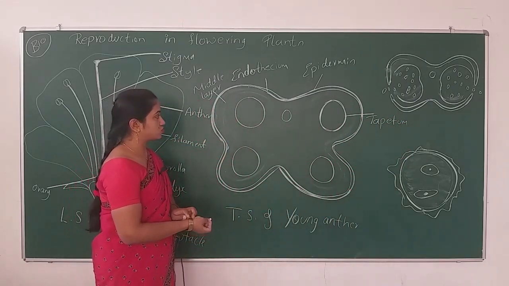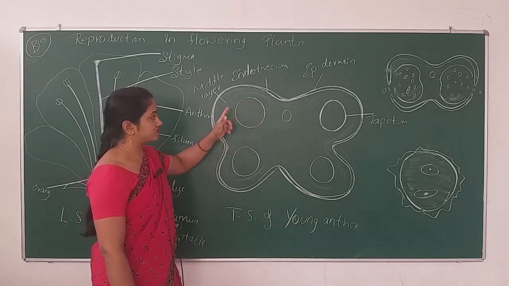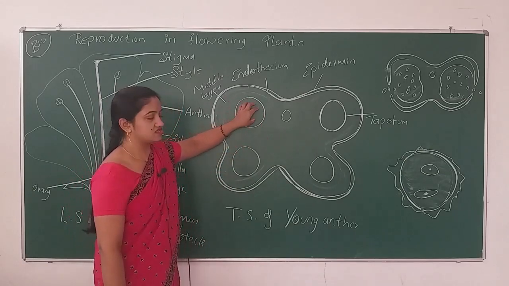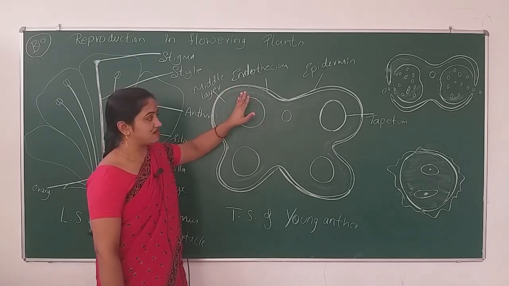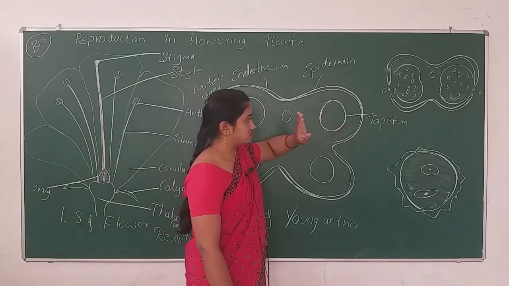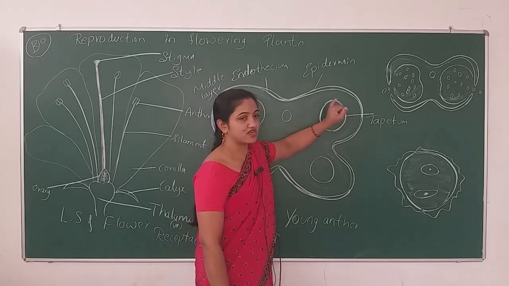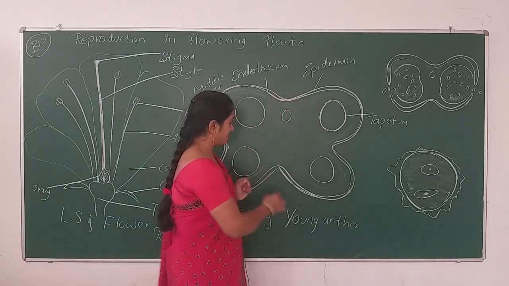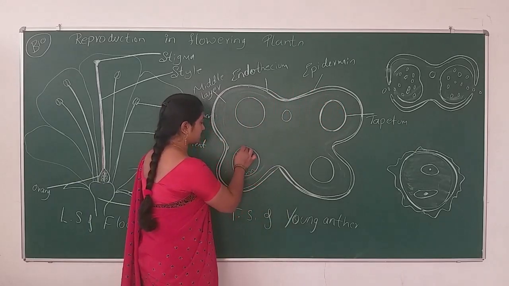In the four microsporangia, the tapetum is covered. The tapetum gives nourishment to the sporogenous tissue present inside it, and the tapetum cells are compactly packed, and each cell of the tapetum has many nuclei, two or more.